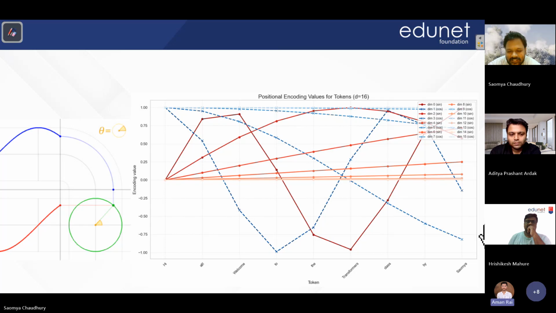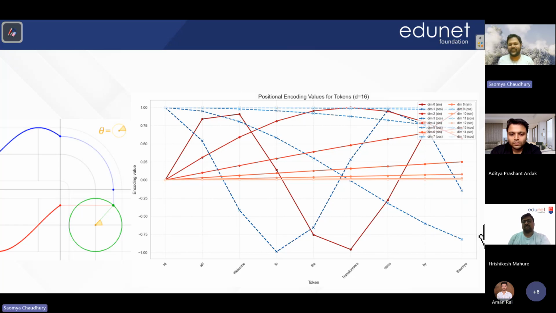And apart from that, we can see a few of the dimensions which are starting with 0 come under the sine value, I guess. Yeah, exactly, sir. Awesome, nice try.